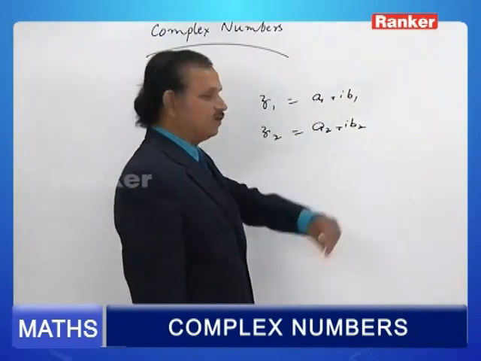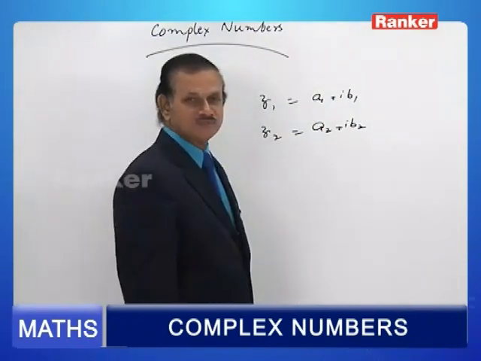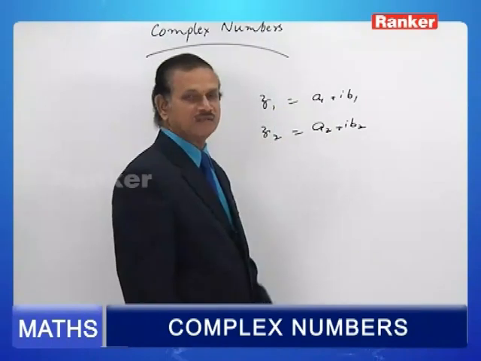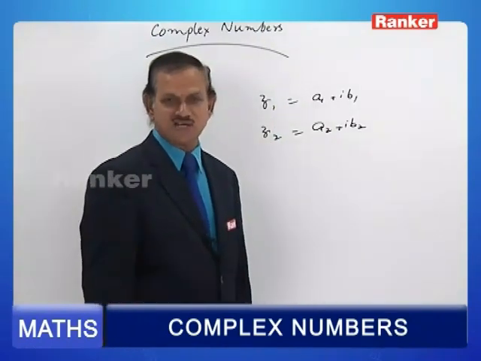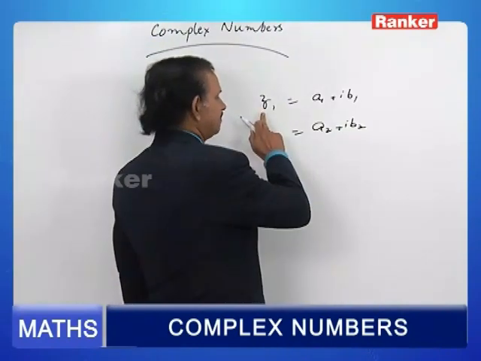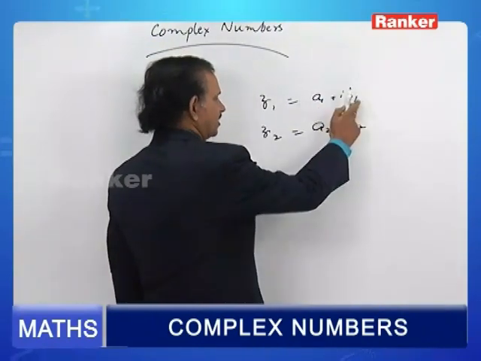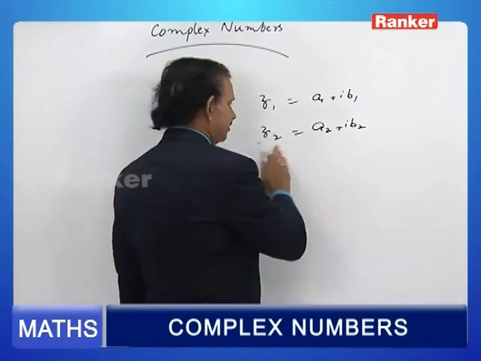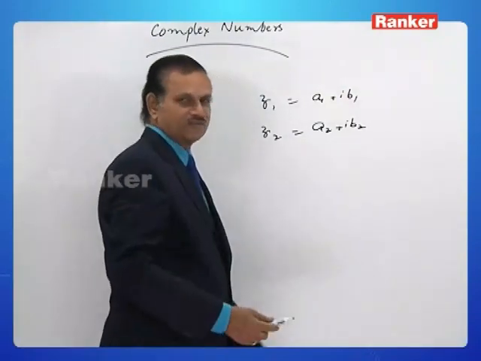Here a1, b1 are real numbers, a2, b2 are real numbers. As z1 is a complex number, i is the imaginary square root of minus 1. Real part of z1 is a1, imaginary part of z1 is b1. Real part of z2 is a2 and imaginary part of z2 is b2.